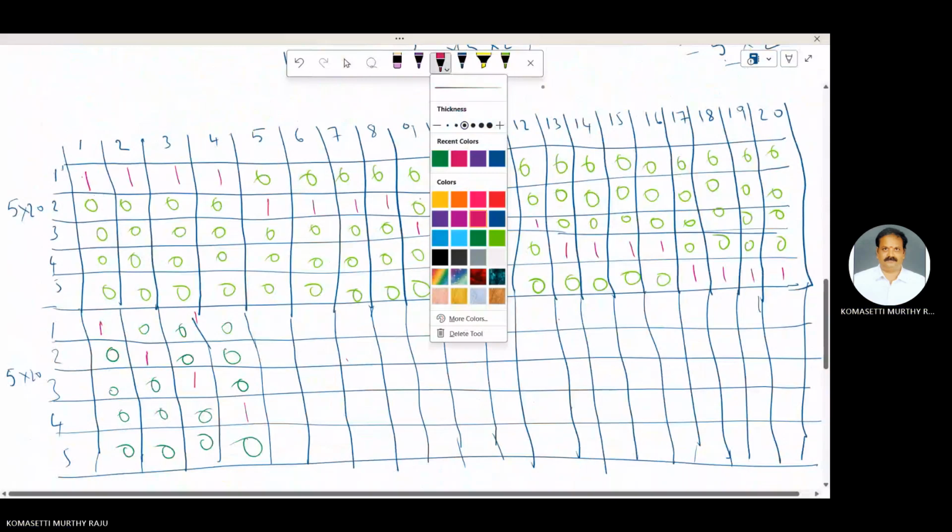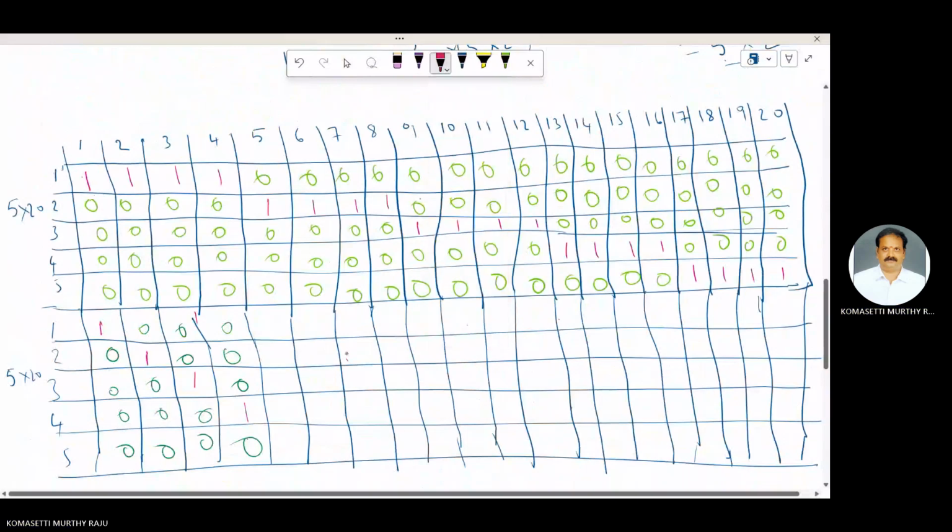Coming to this one. For the second one, fifth column, 1 here. For the sixth column, put 1 here, and third one, here 1. For 5, 6, 7, 8, put 1 here, put 1 here.